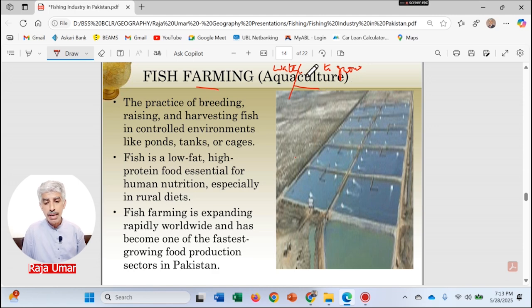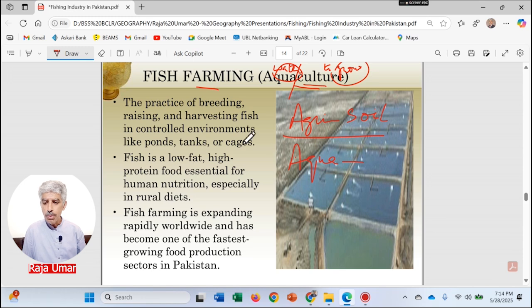So growing something in water is known as aquaculture. Just like agriculture, agri means soil. So growing something in soil is known as agriculture, and growing something in aqua, water, we call fish farming, growing fish.